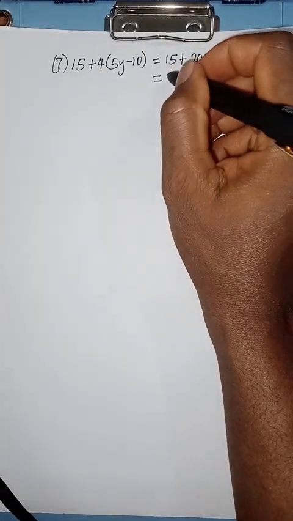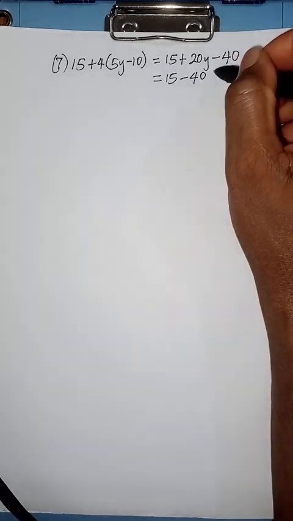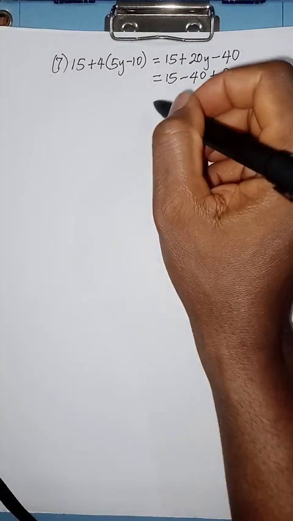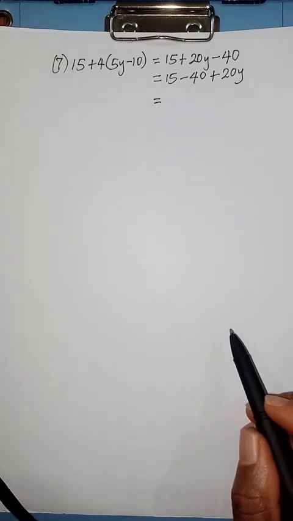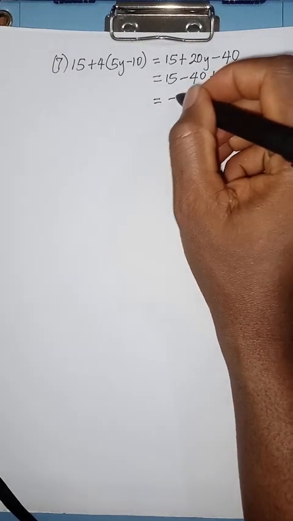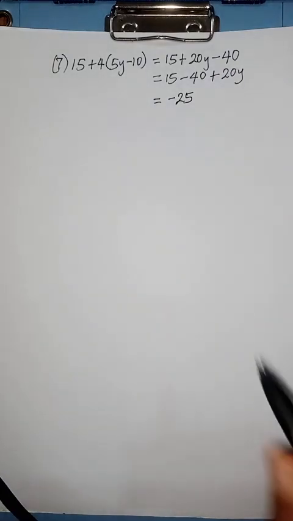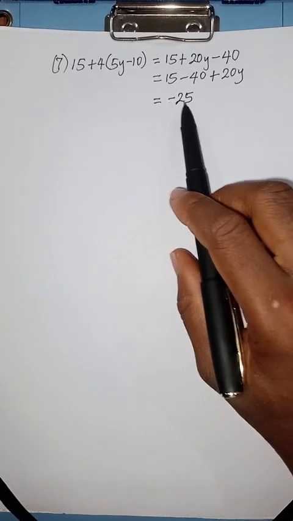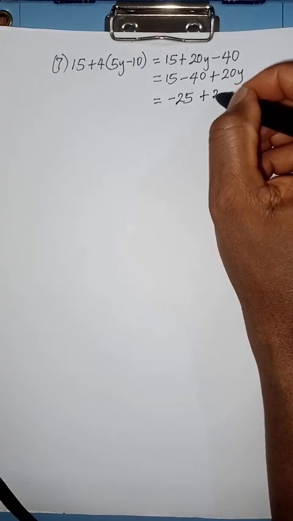Collect like terms. This will be 15 minus 40 plus 20y. What is 15 minus 40? That will give you minus 25. Remember, when a smaller number is subtracting a bigger number, it is going to have the minus attached to it. Then plus 20y.